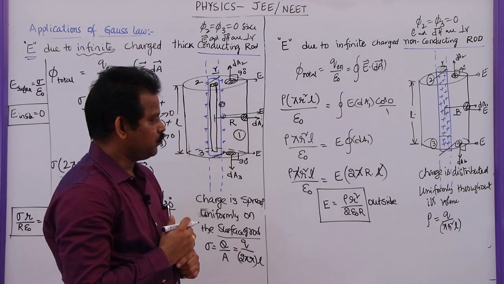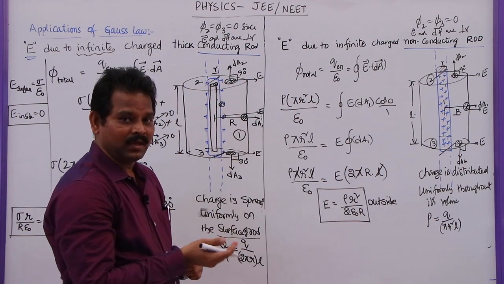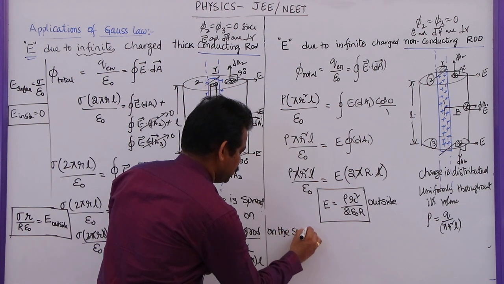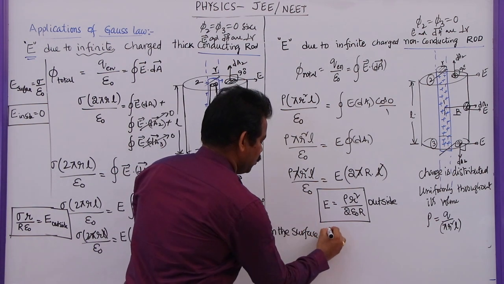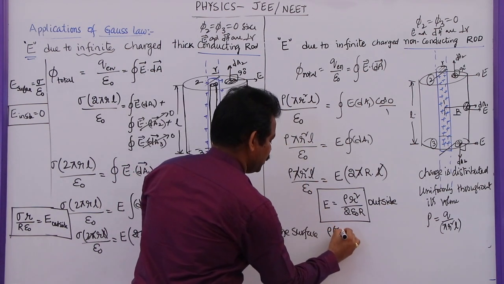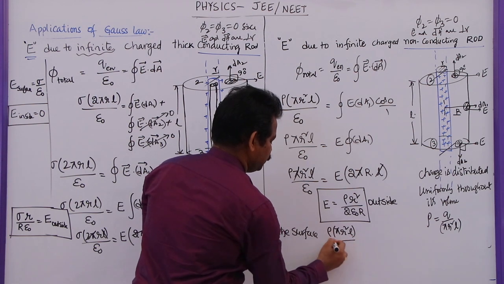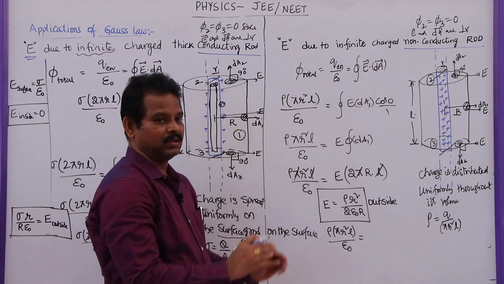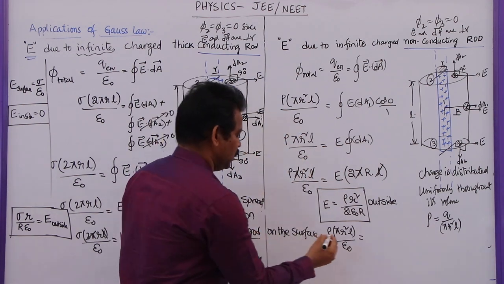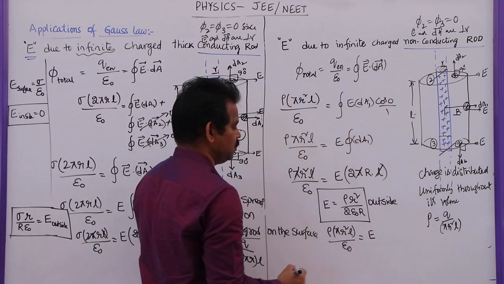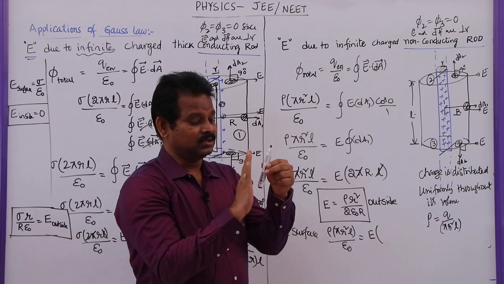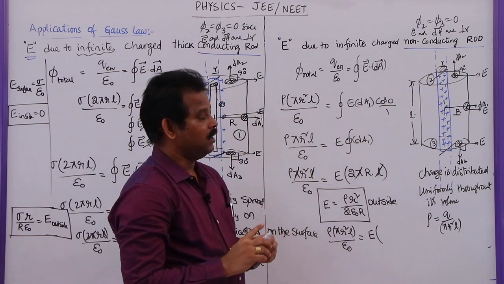Now, if I wish to find out electric field on the surface of the rod, then the formula will be rho times the volume, which never changes, equal to pi r square L by epsilon naught. This is the flux. Whether the Gaussian surface is a smaller one or bigger one, the same flux passes through it. But the electric field on that will be constant E. And what is the surface area of that closed Gaussian surface, just on the surface of the non-conducting rod?